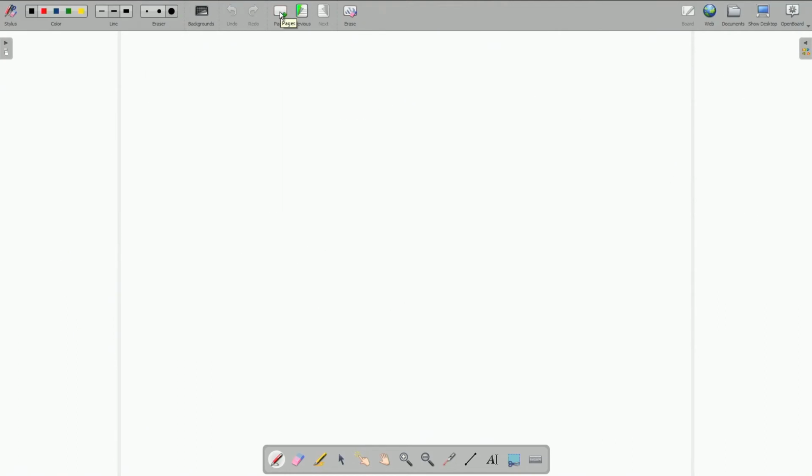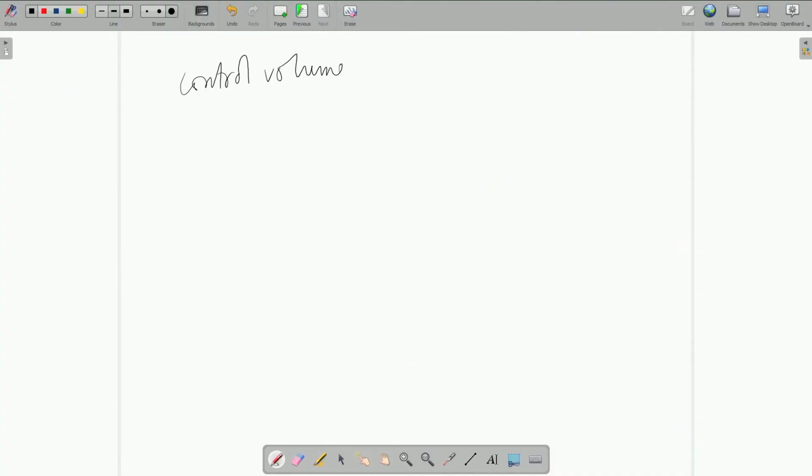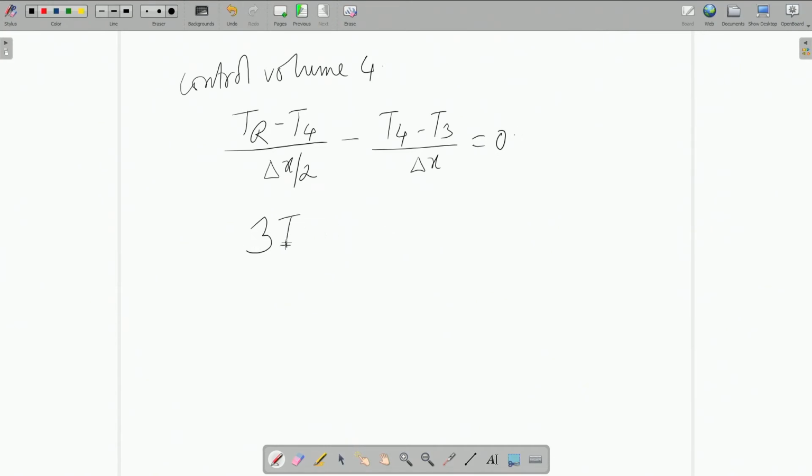So, for the control volume 4, the equation will be, and then once you rearrange, you can write it like this.